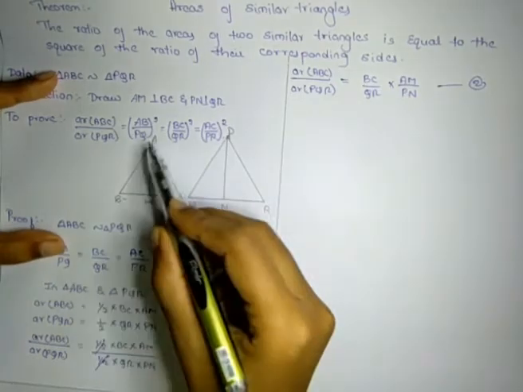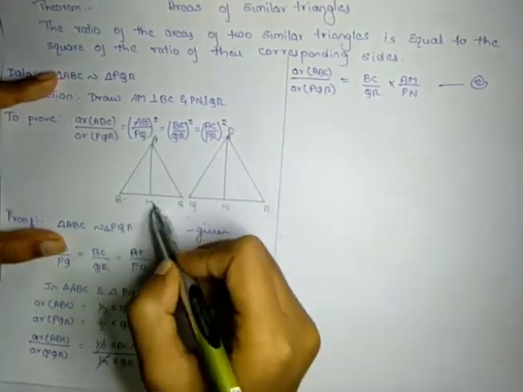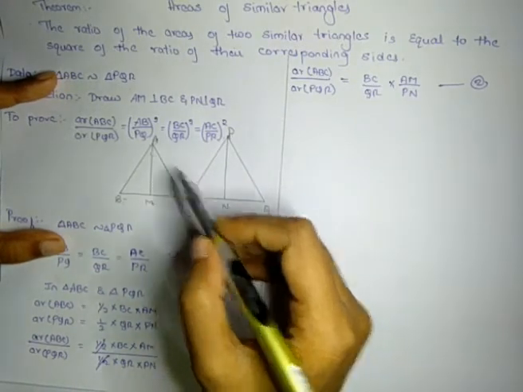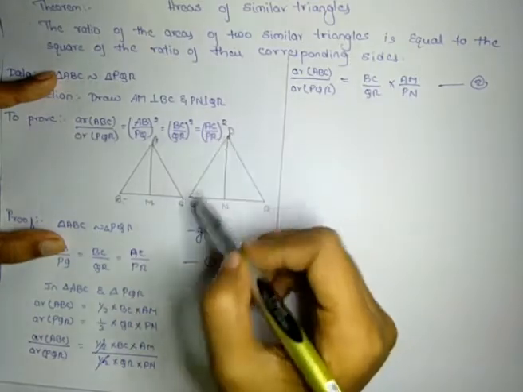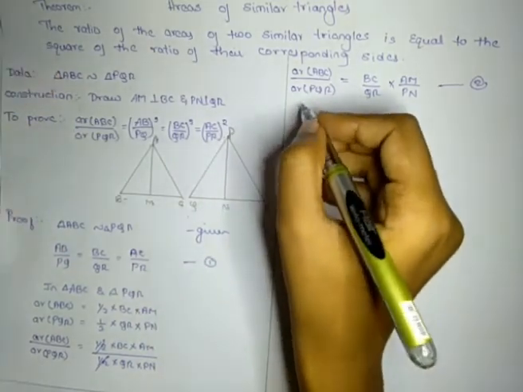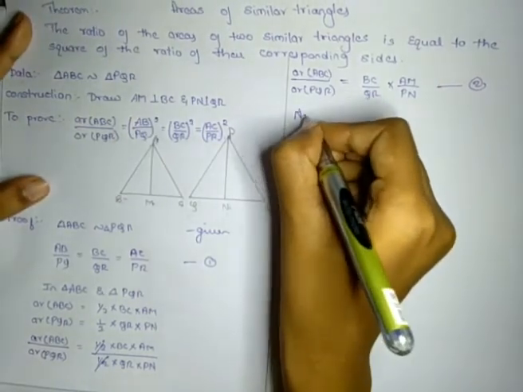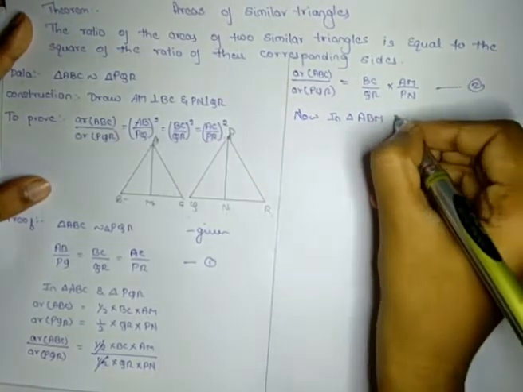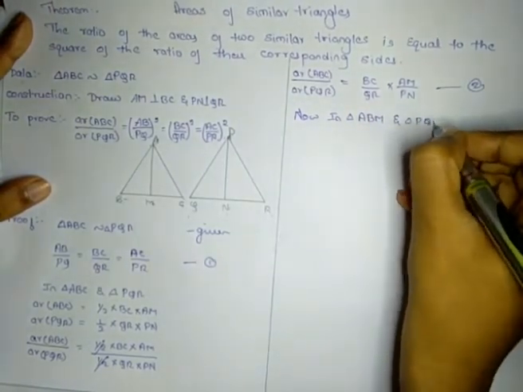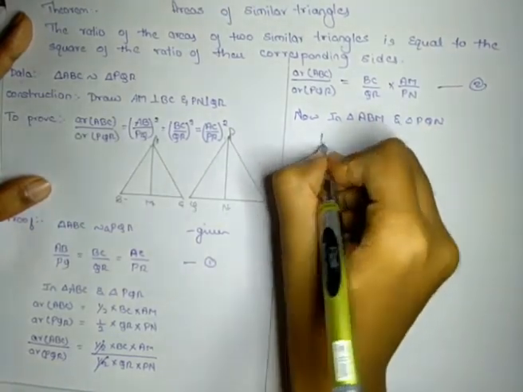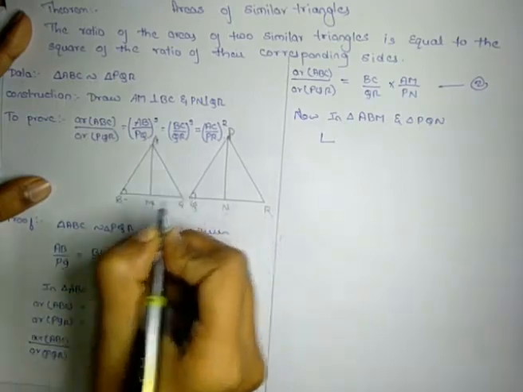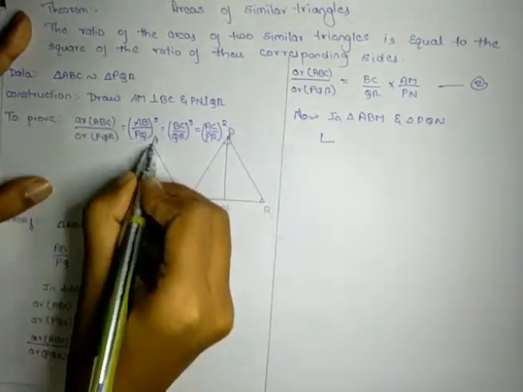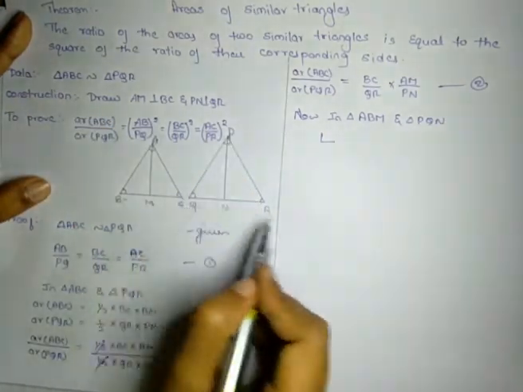Next we'll show that AM divided by PN is equal to AB divided by PQ. To show this, we need to say that triangle ABM is similar to triangle PQN. Yes, so we'll prove that. Now in triangle ABM and triangle PQN, we know that angle B is equal to angle Q, angle C is equal to angle R, and angle A is equal to angle P, isn't it? Because triangle ABC is similar to triangle PQR.